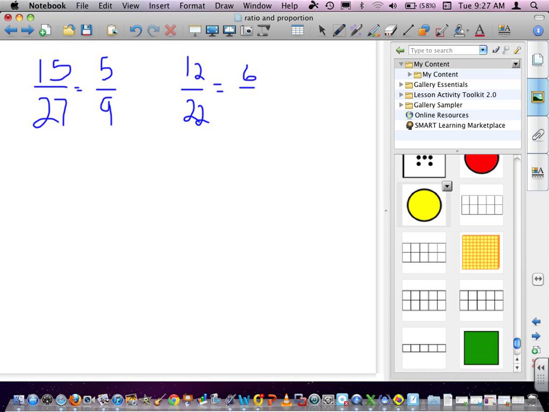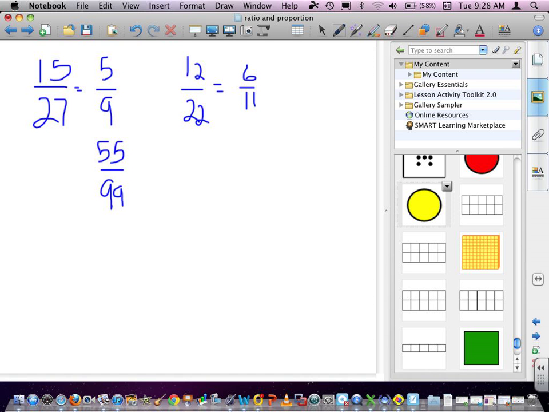Now I'm going to call on Leah. Leah, did you do this way? I did it. Yes, and then what did you do with your 9 and your 11? I made them a common denominator. You made them a common denominator. So what's the common denominator that you created? 99. So 5 over 9 is what over 99? 55.